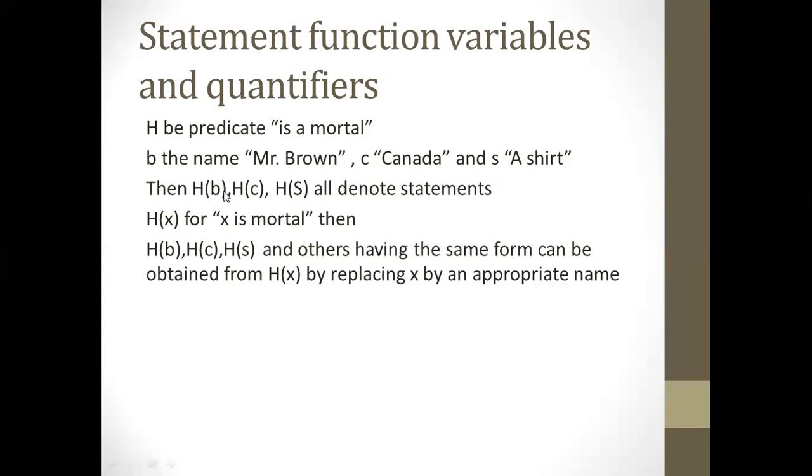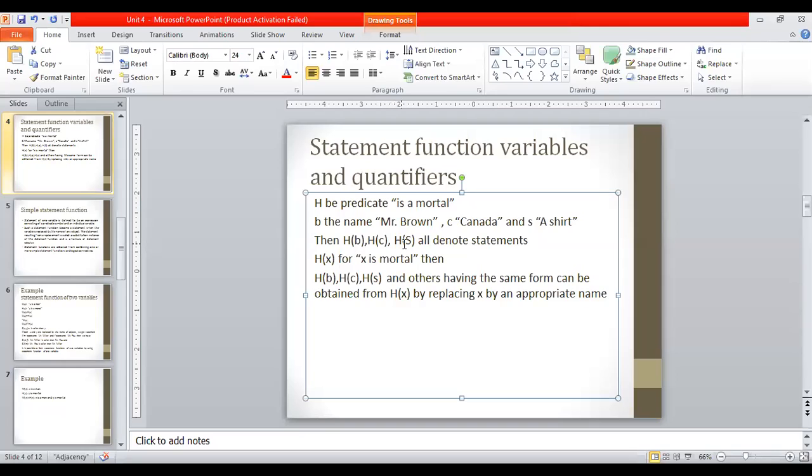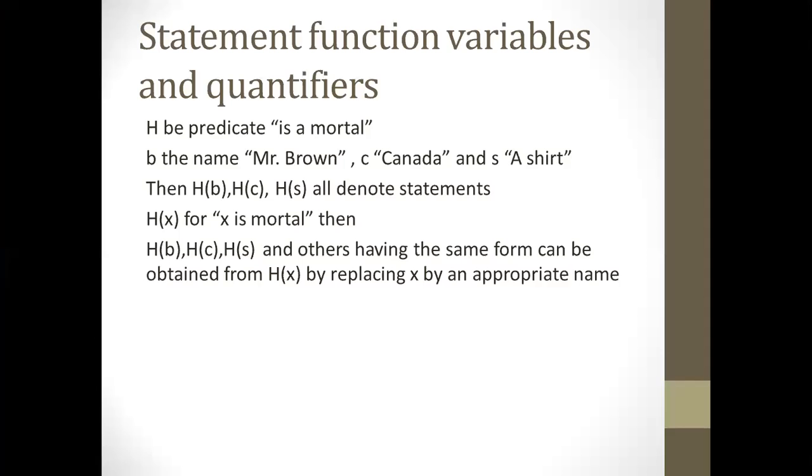So then H(b), H(c), H(s) all denote statements. H(x) for x is mortal. H(x) हमने क्या लिखा? H(x) for x is mortal. H is mortal. But what is that x value? x is whatever here. x is a mortal.